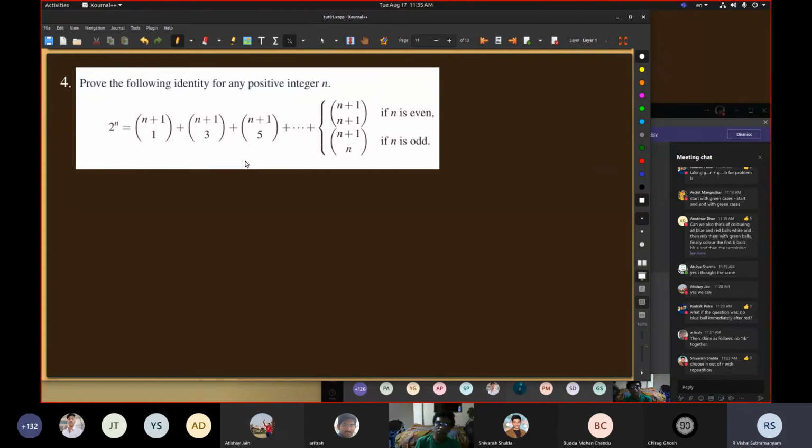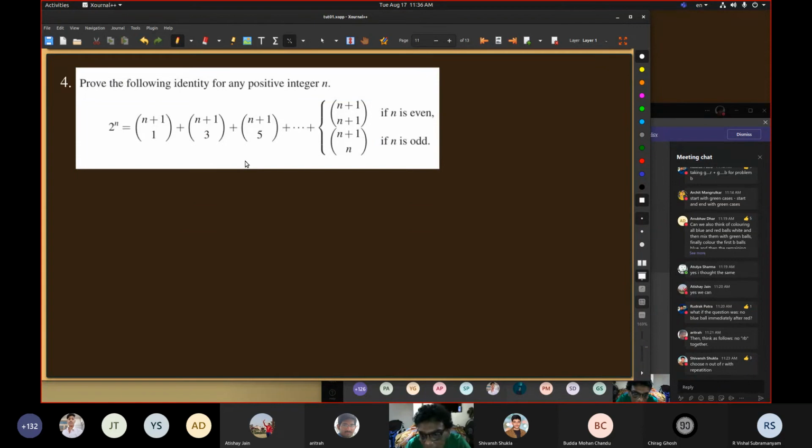You want to use binomial theorem? Okay, there are many ways you can prove it. But there is a reason why this exercise is here. Of course, this can be proved in 100 ways, maybe 1,000 ways. There is a reason why this appears immediately after exercise 3.